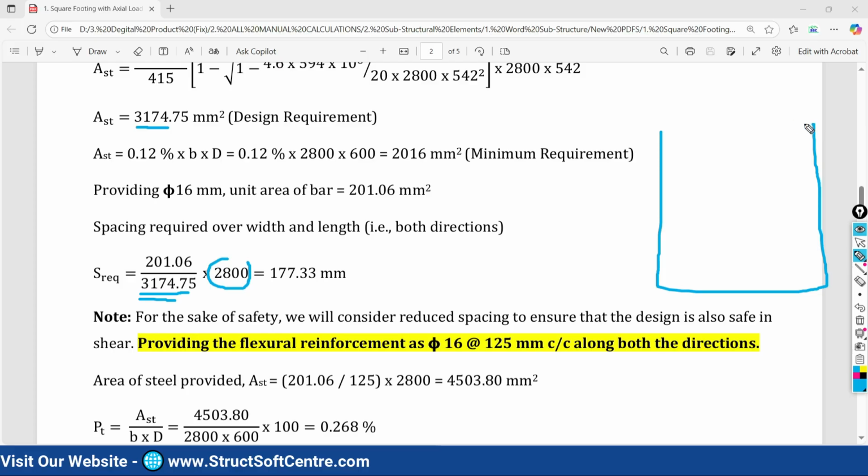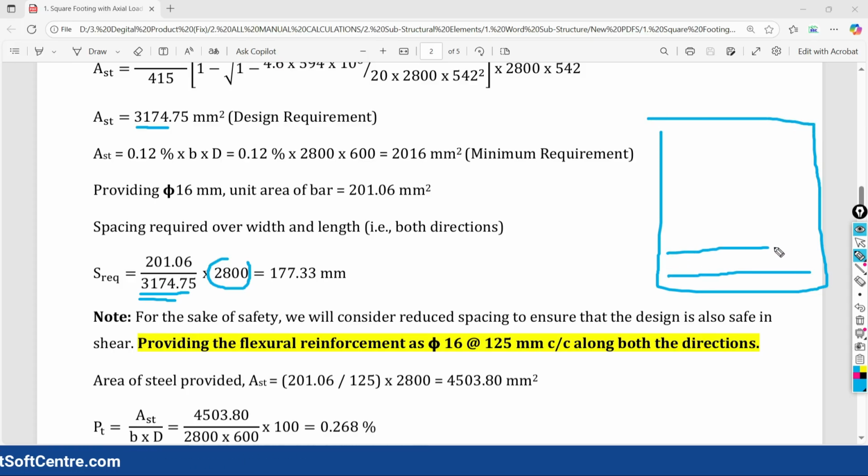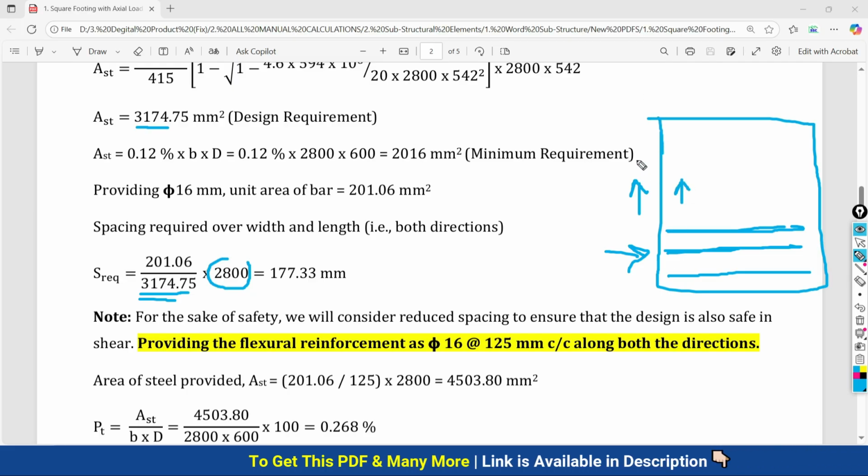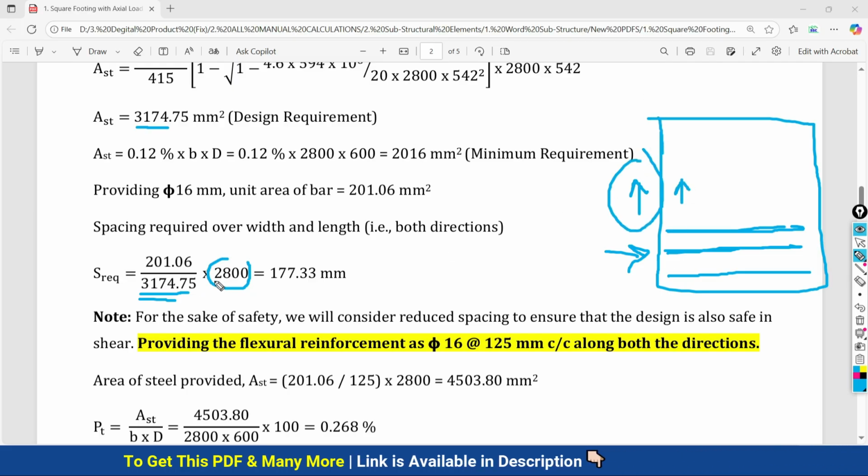Considered width means very simple. Have a look over this. We are going to provide the reinforcement along this direction, but look at this, it is going to be distributed over this direction, running in this direction but distributed in this direction. So this direction dimension we have to consider as 2800.